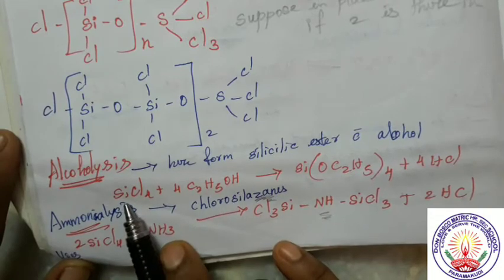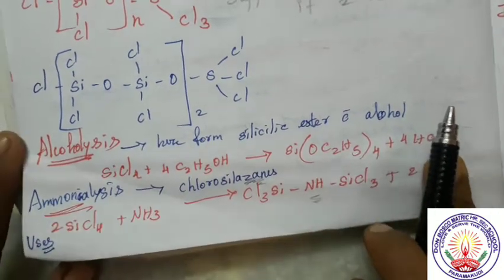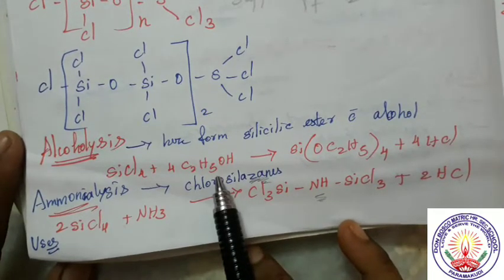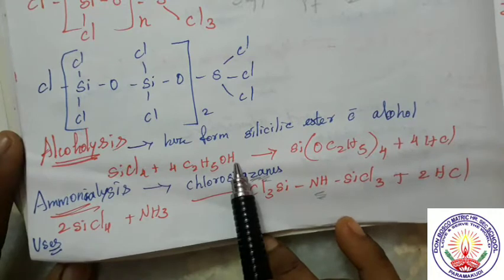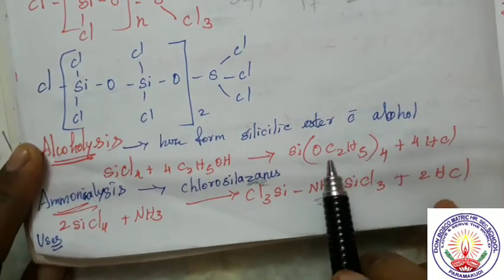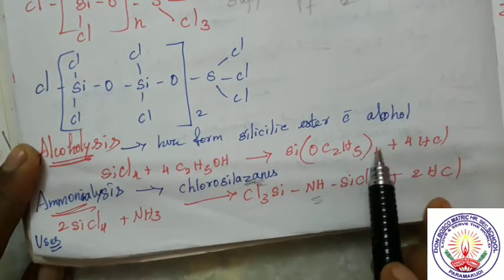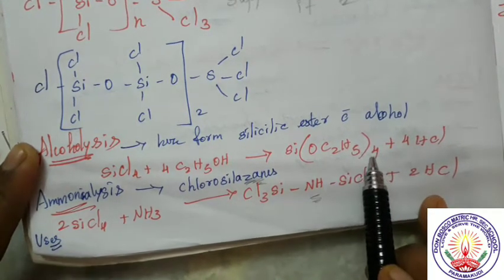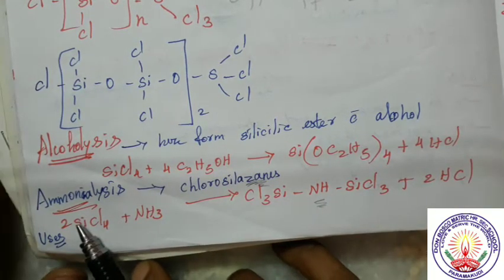That is, look at the silicon tetrachloride treated with alcohol, that is C2H5OH. So we are getting silicic ester, that is Si(OC2H5)4.